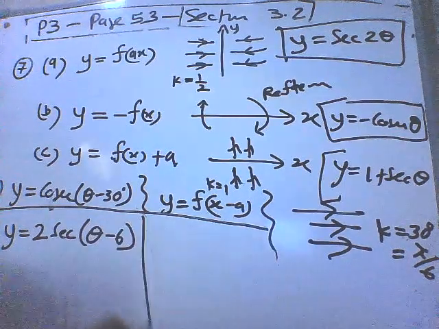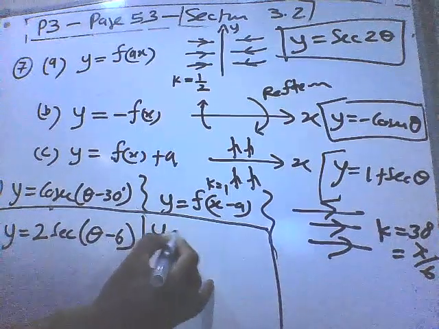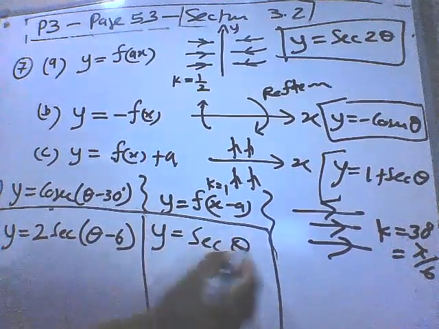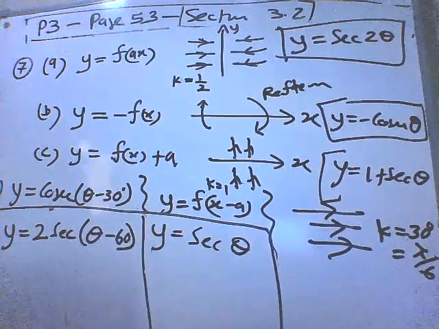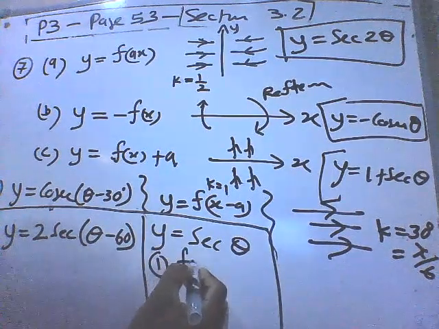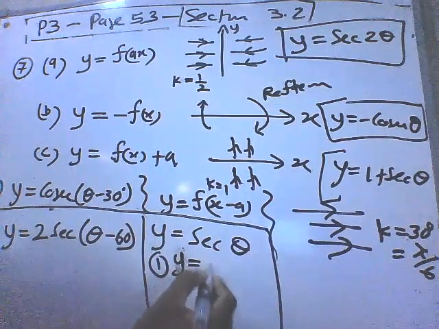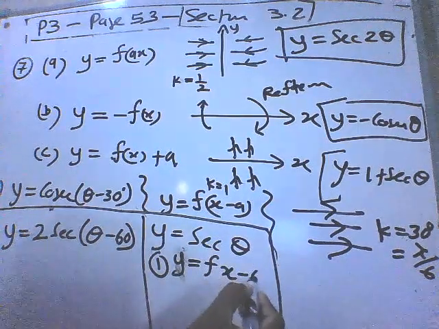First we have to consider y equals sec theta. The first transformation is y equals f(x minus a), f(x) minus 60.